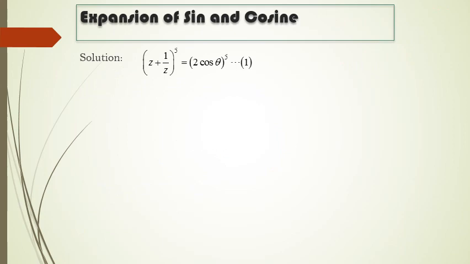Okay, so now let us expand the left hand side. It is z plus 1 over z power 5. So we will use the binomial theorem with n equals 5, a equal to z, and b equal to 1 over z.